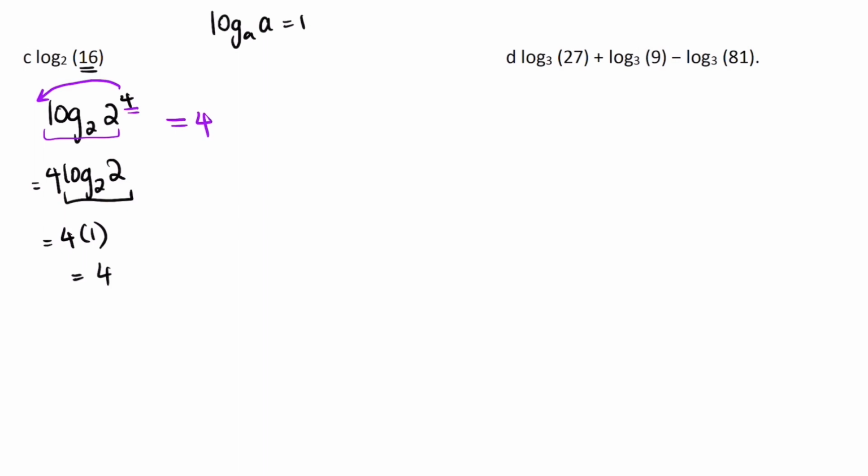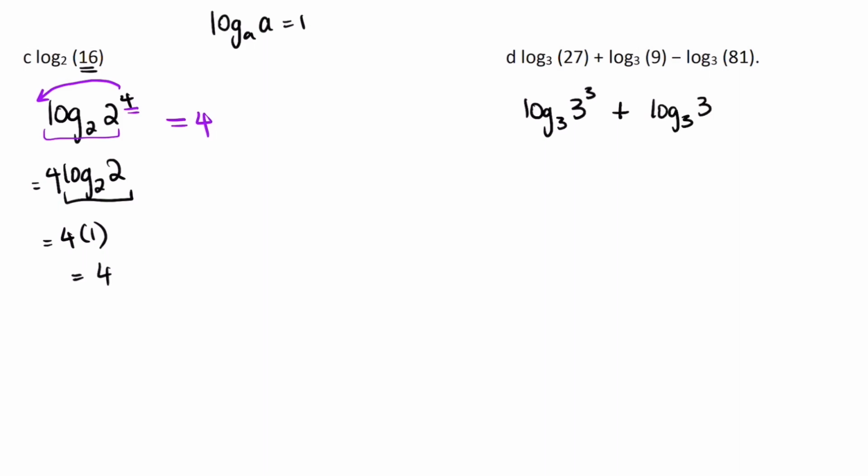Part D. So I've got 3 logarithms. Some are being added and some are being subtracted. So what this is going to result in is very large numbers. I can see 27 times 9 then divided by 81. It's going to be a little bit yuck to solve. But I can also recognize that all 3 of these numbers can be written as a base of 3. Now how does this help me? Well, let's start by writing out the base. So that's 3 cubed, that's another way of writing 27.